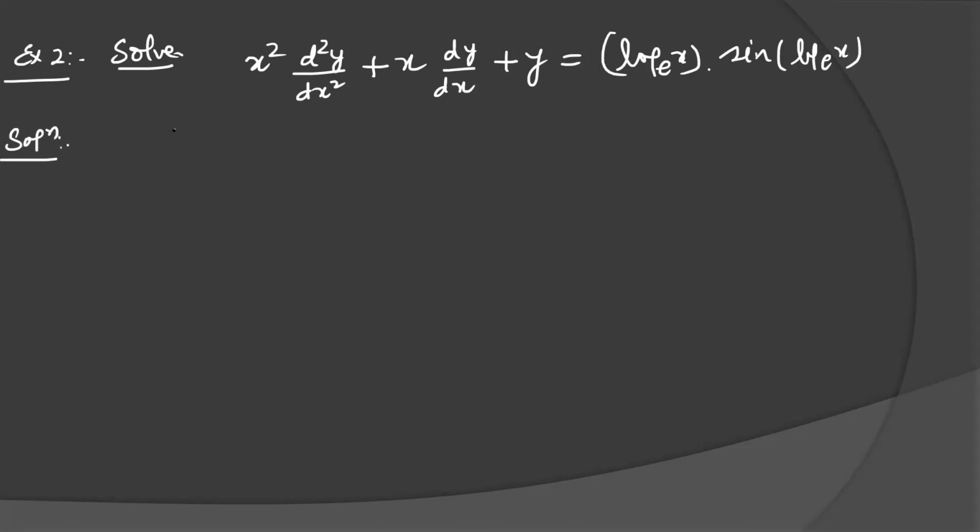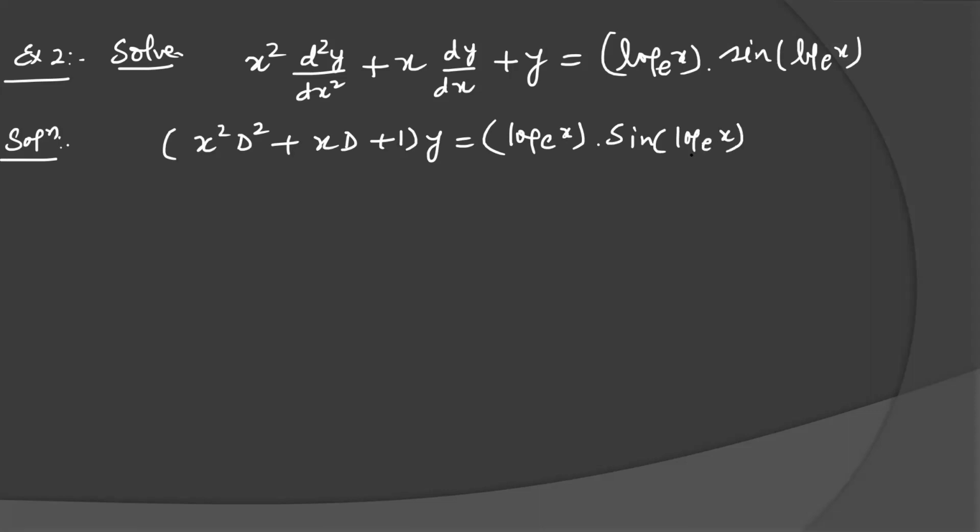It's a Cauchy-Euler. We can write like this: (x square D square plus xD plus 1) y is equal to log x into sine log x. You can see here that it's a Cauchy-Euler because the order of the derivative term and the x degree are the same.